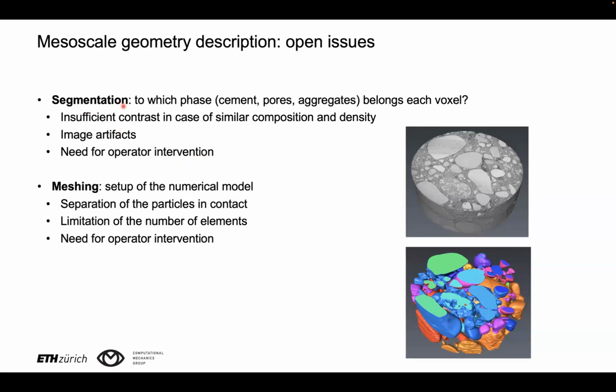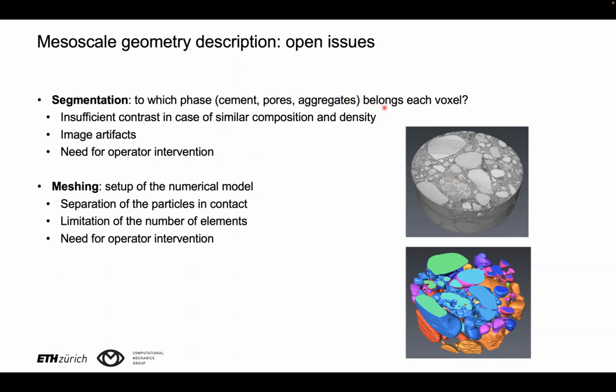Phase one consists in having this 3D image that I was mentioning before with different grayscales per voxel. A voxel, as you may know, is the 3D version of a pixel. So it's basically a cube associated to a given grayscale. So the first question is, to which phase belongs each voxel? Is it a cement voxel or a pore voxel or an aggregate voxel?